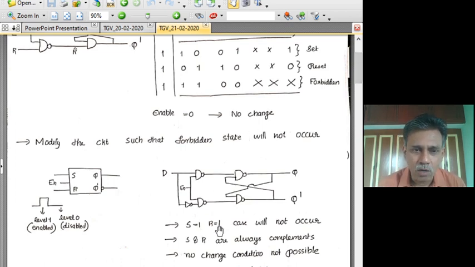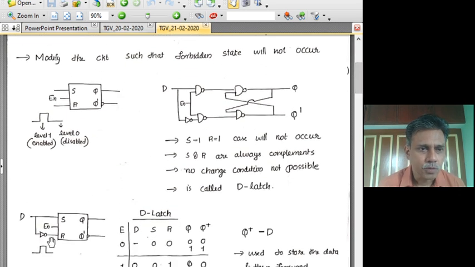So the S equal to 1, R equal to 1 case will not occur. S and R are always complemented. The no change condition is also not possible. And this is called the D latch. So we can now represent this. For this entire circuit, we have a shorthand notation like this.